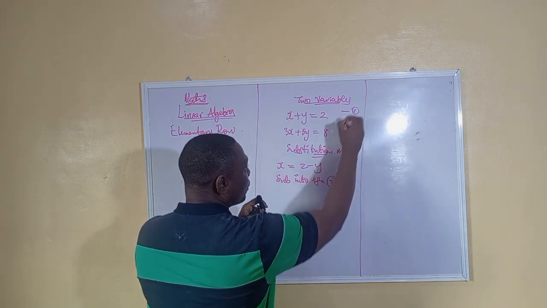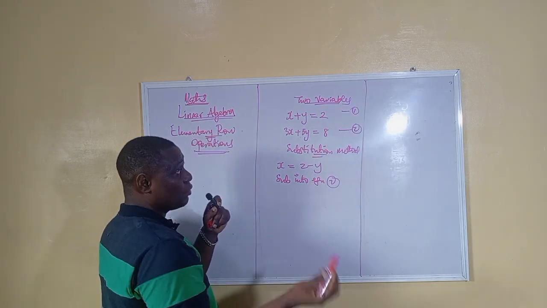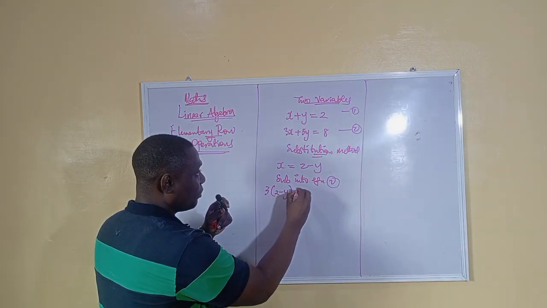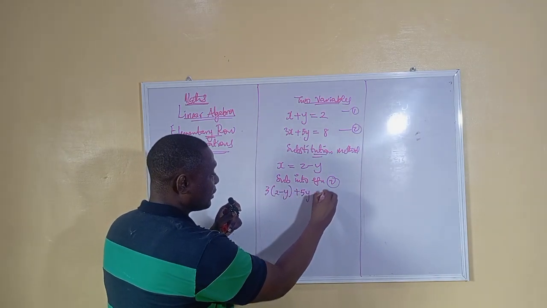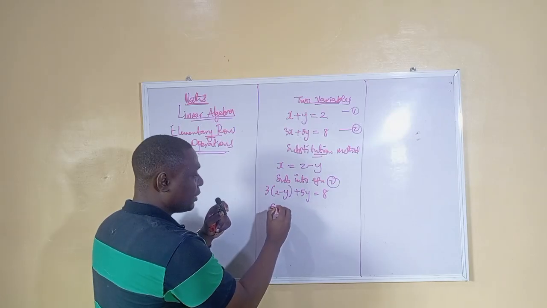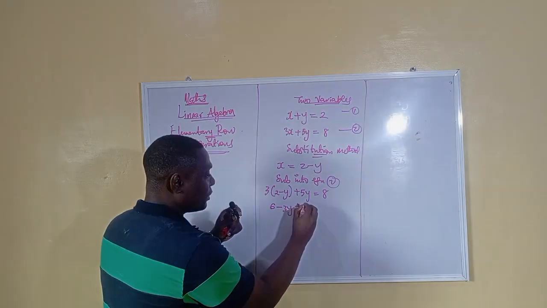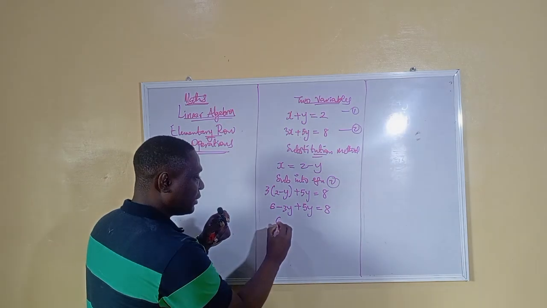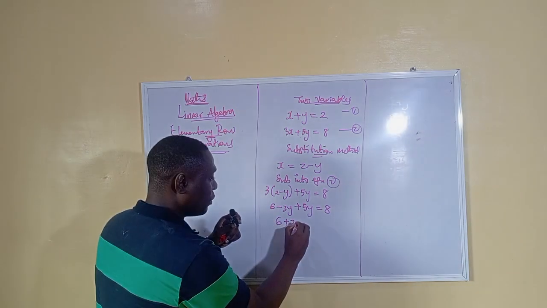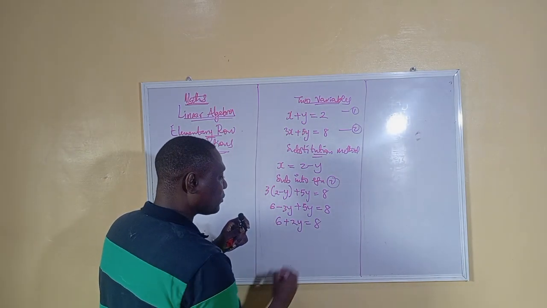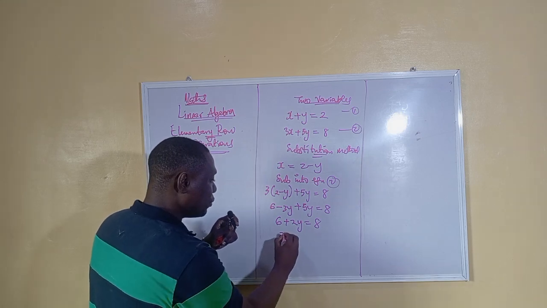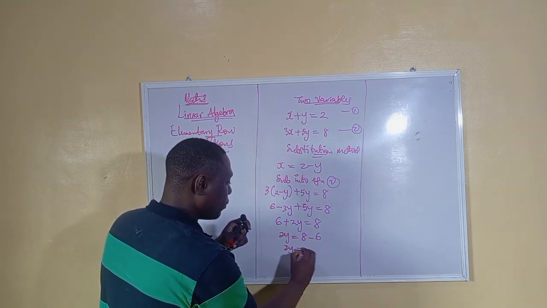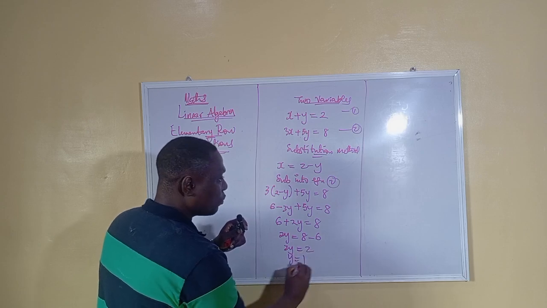This is equation 1 and this is equation 2, so equation 2 becomes 3 into bracket 2 minus y plus 5y equals 8, and this will be 6 minus 3y plus 5y equals 8. So this will be 6 plus 2y equals 8, so 2y equals 8 minus 6, 2y equals 2, and y equals 1.